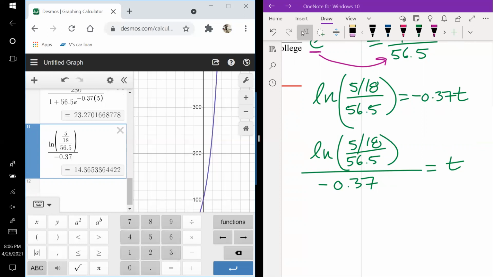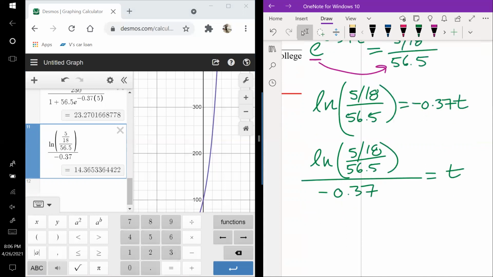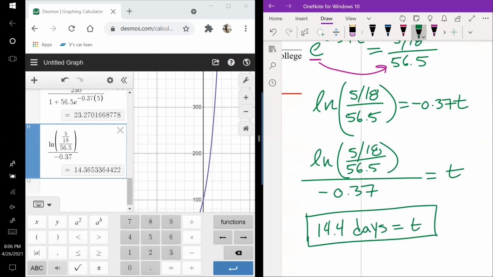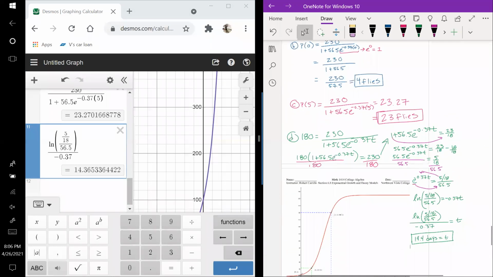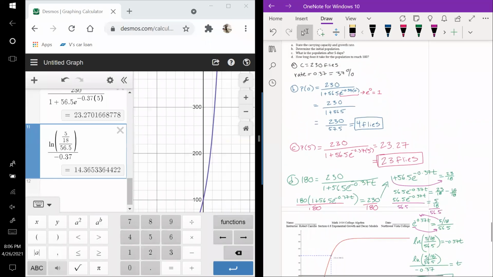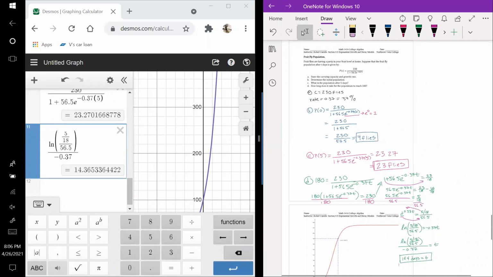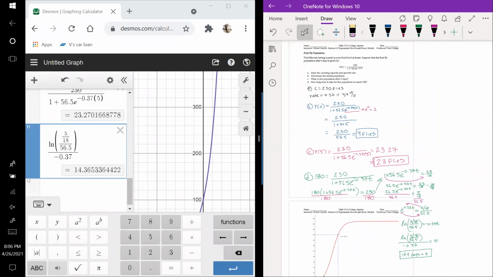And we get 14.4 days. So after 14.4 days, you'll have 180 fruit flies. Of course, it's just a bunch of moving the equation around, rewriting it, and being careful with every step.